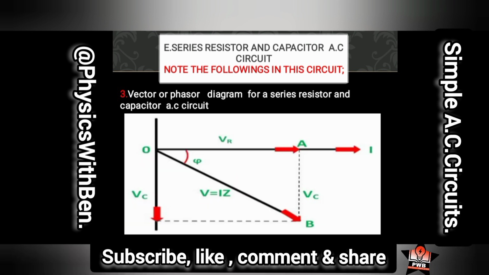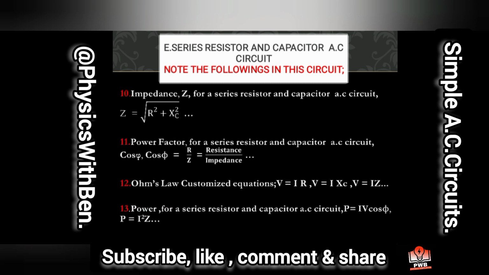And you can use this diagram here to generate all the equations, just applying Pythagoras theorem. They are all explained in that video that I asked you to go and watch. And so you have the impedance, the power factor, the resistance, and you can replace your Z here with root R squared plus XC squared.